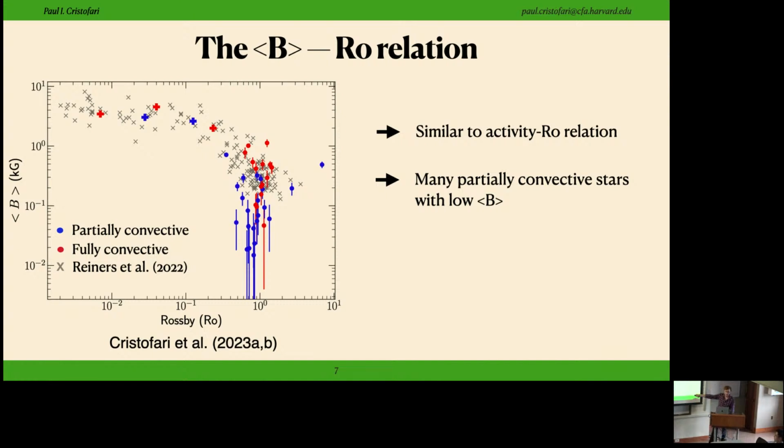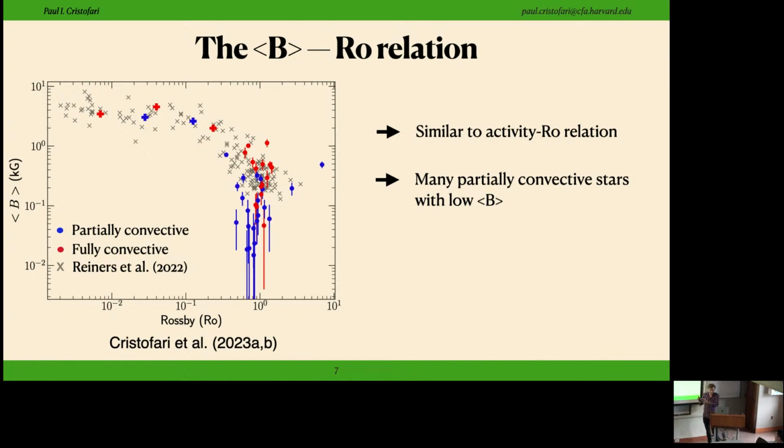And fully convective stars do not have the tachocline, which means the very classical dynamo models, sun-like dynamo models that rely on the tachocline, need to be a little revisited for those fully convective stars. And what I found interesting in our samples, we actually have a few partially convective stars that have very low magnetic fields, but we have a very good fit to the spectra.